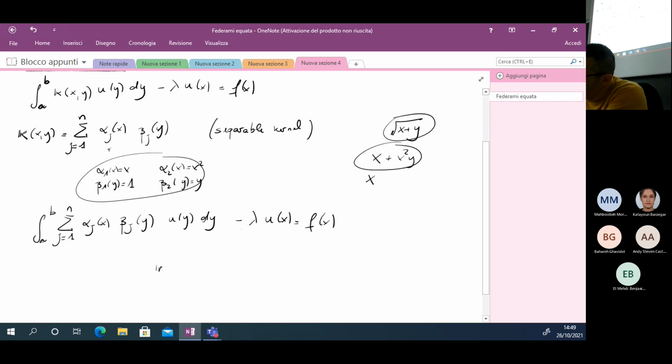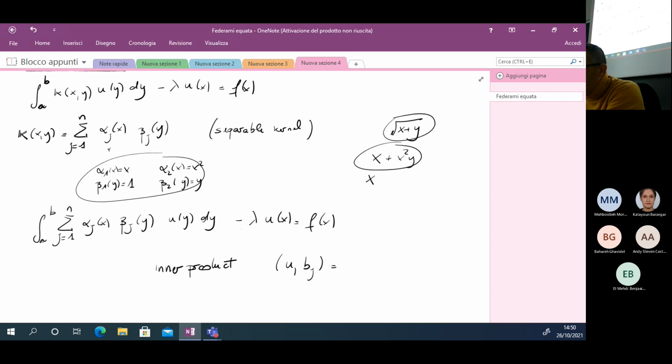Now, last week we introduced the inner product. What's this object? Can you write the inner product between u and beta j in the interval ab?